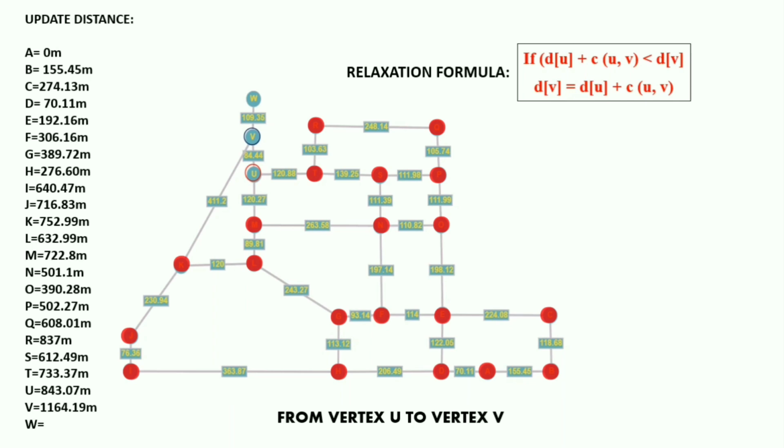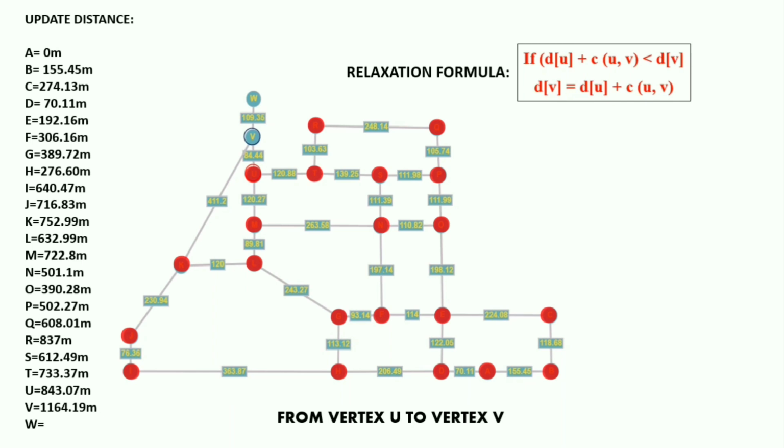So now, if we find the shortest path among 843.07 meter, 1164.19 meter, and infinite for remaining vertex, the shortest path is 843.07 meter. So we pick vertex U. The vertex connected to vertex U is V, but not vertex T and vertex M because we already visit them.